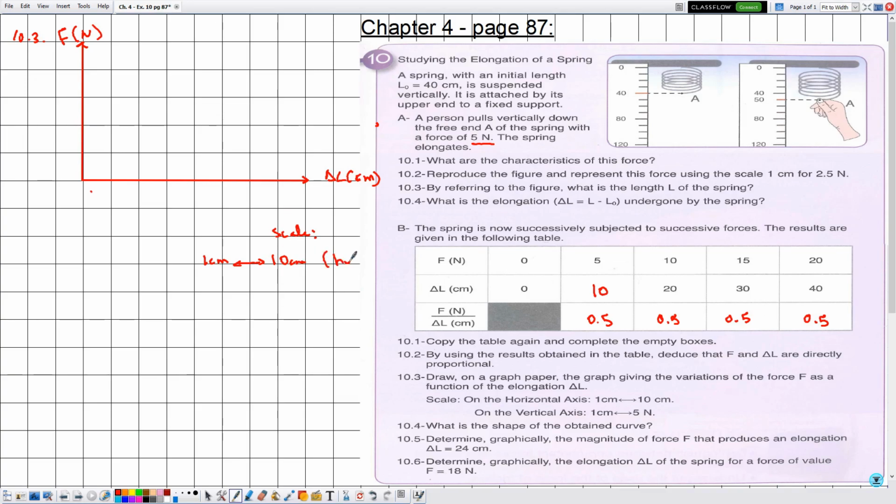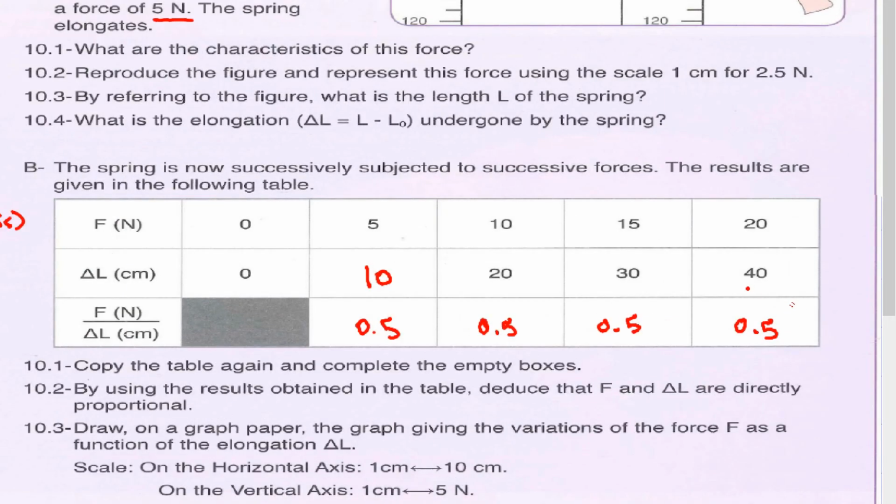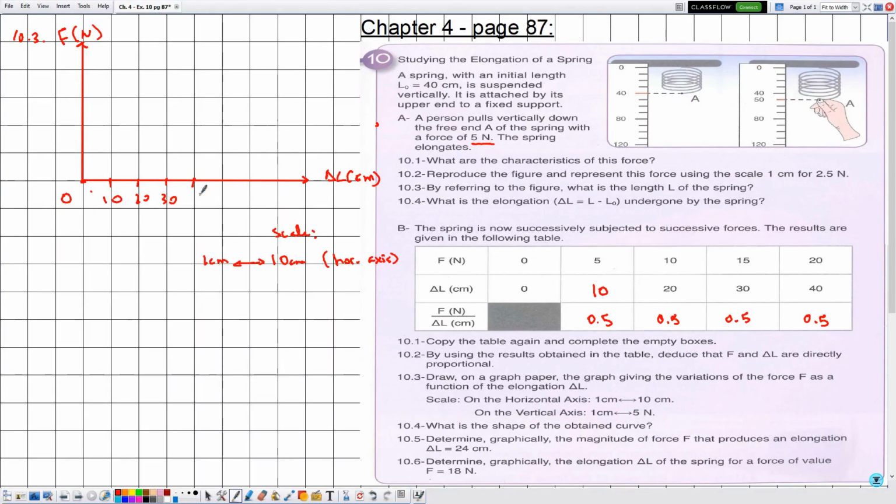This is on the horizontal axis. So for each division, we will add 10 centimeters starting from the origin. This is 10, this is 20, this is 30. Now we will stop at 40 because it's the largest value included in the table. This is 40, so no need to continue.